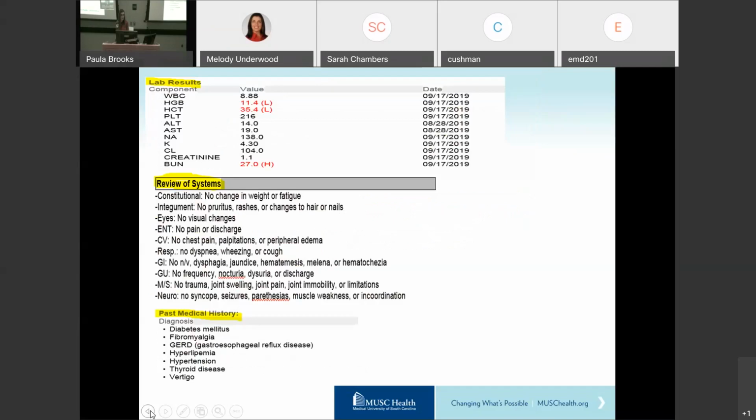We have labs. We have review of systems. Make sure that we have 10 review of systems. We have constitutional, 1, integumentary, 2, eyes, 3, ENT, 4, cardiovascular, 5, respiratory, 6, GI, 7, GU, 8, musculoskeletal, 9, and neuro, 10.